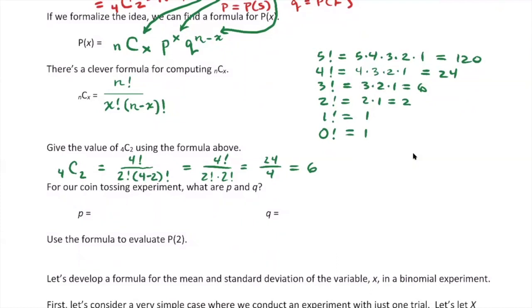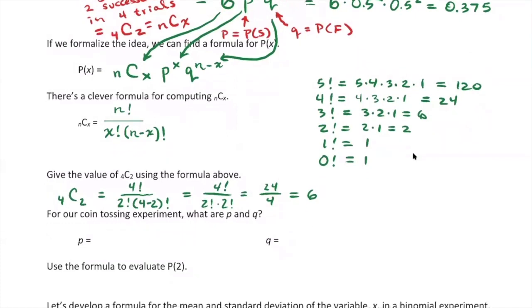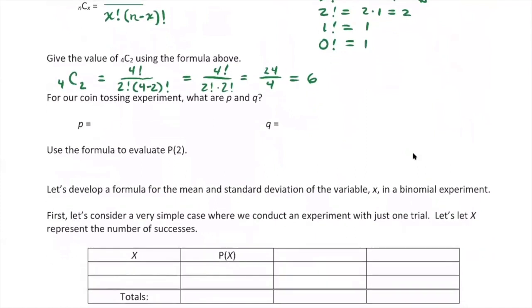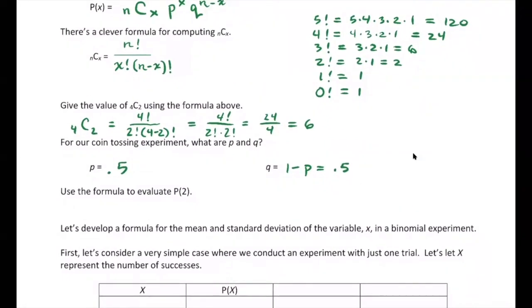Okay, so now we can quickly zip through some of this. So P is 0.5 for the coin tossing experiment. That's 50% chance of heads. Q is 1 minus P, which is also 0.5. That's 50% chance of getting tails. We already did the formula above when we did the probability of 2 successes.